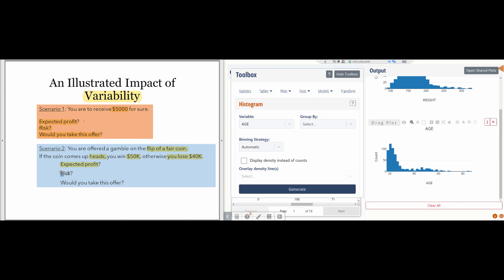What is the risk? Is there any risk here? Oh yeah, there's big time risk here. Because if I get a tail, I'm going to get that $40,000 from you one way or the other. And this is going to be a problem if you don't have it. So would you take this offer?